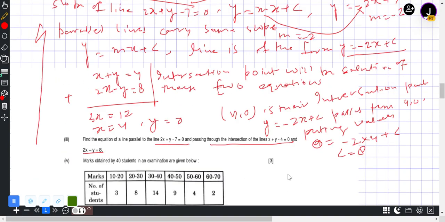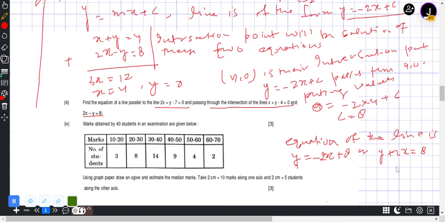The equation of the line is y is equal to minus 2x plus 8, or y plus 2x is equal to 8. So this is the answer.